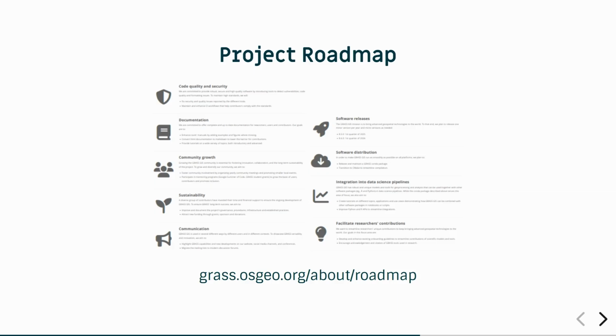After asking users what they miss and what they would like to see, we realized we need to add an official public project roadmap. This roadmap currently includes things like code quality, community growth, documentation, a focus on the specific way we are doing software releases, and some advancements in software distribution.